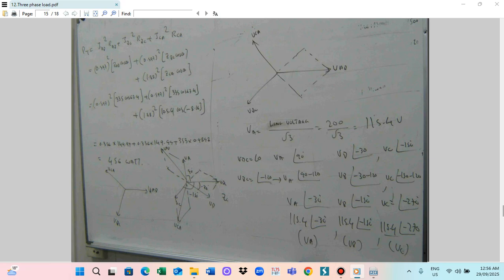ZBC is 335 cos 63.4, plus 1.88 squared times ZCA. ZCA is, here you see, 105.9 angle minus 8.16, so 105.9 cos of minus 8.16. Then you find the cos and you get the power like this.